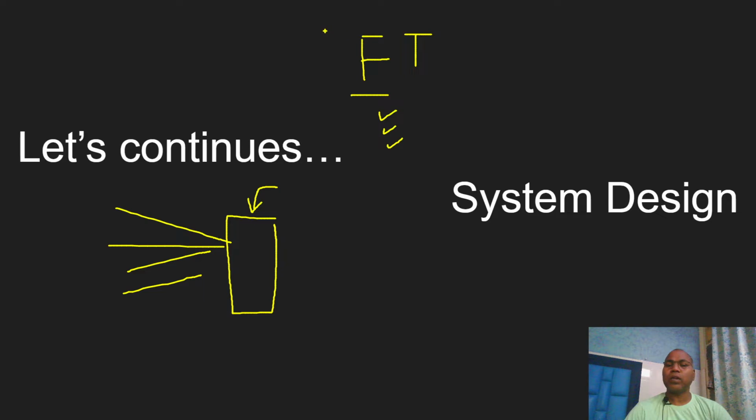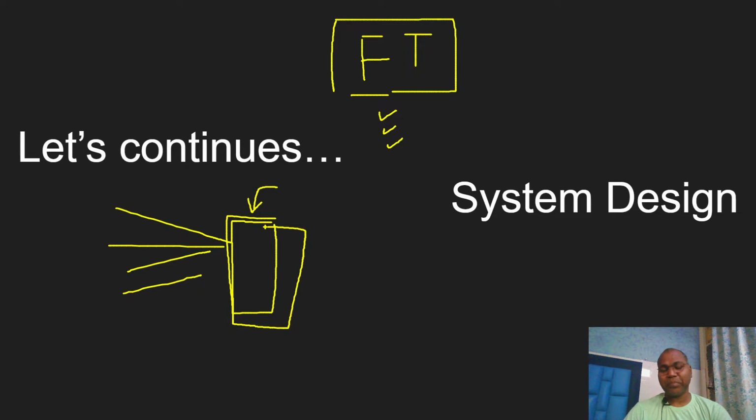As a system designer, it is our responsibility to design our system so that if any kind of error, problem, or fault happens, we know the expected behavior of the system. We cannot say I don't know what the system will do. That means while designing the system, we are not considering those scenarios.